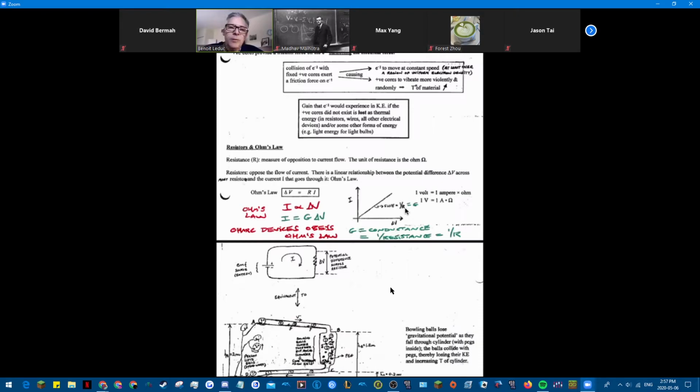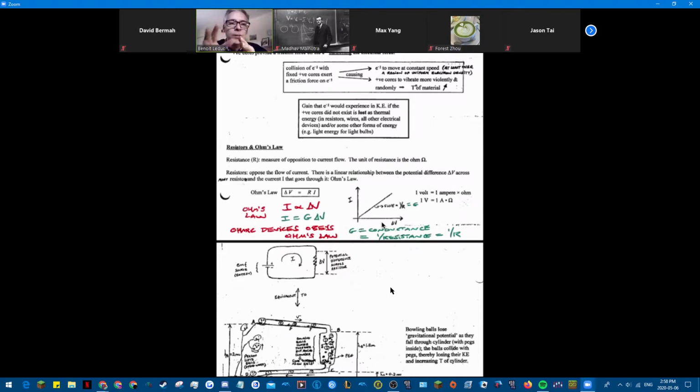But we don't talk too much about conductance. We talk in terms of resistance. Now, why do I put a graph of I versus potential? Why not potential versus current? Because it's way easier. You remember, this is the independent variable.